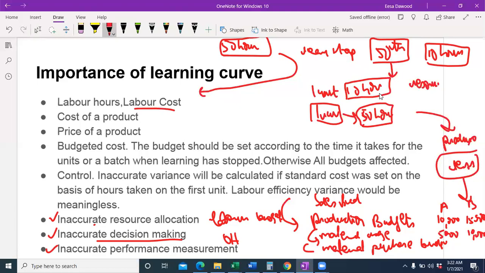The efficient standard was 10 hours, it shouldn't have been 50 hours, but you did budgeting based on the time it took for the first unit.